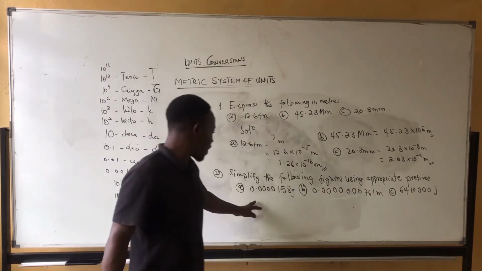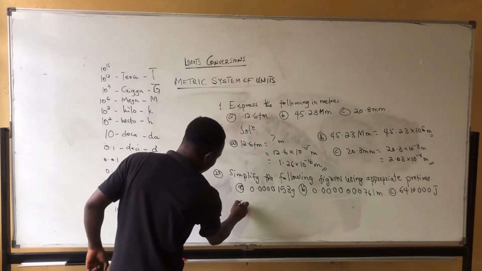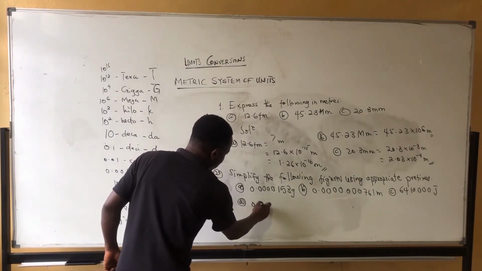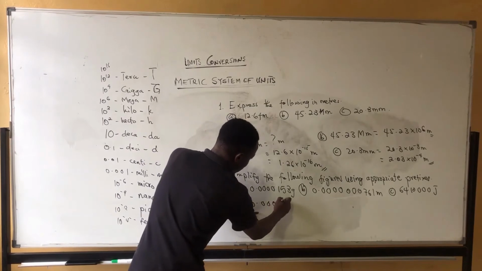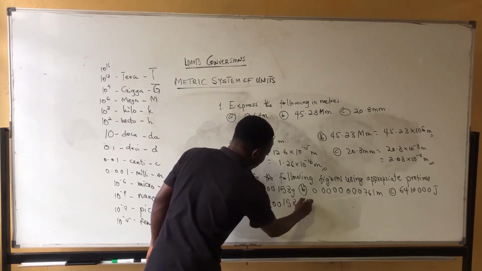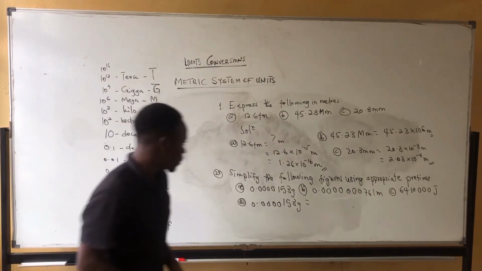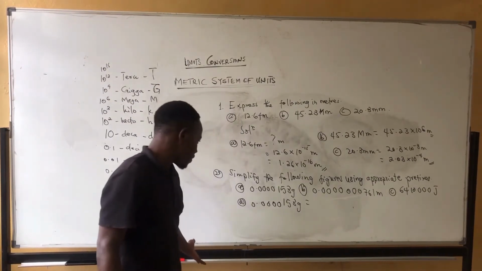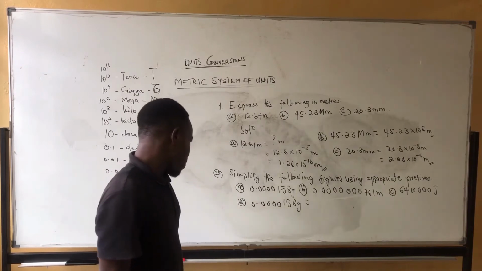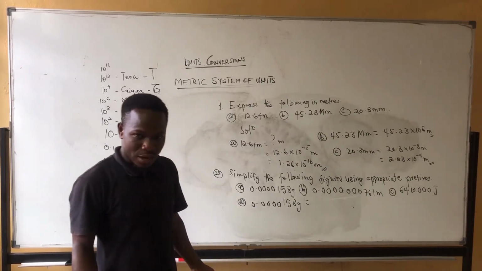Looking at the first one, 0.00015 3 grams, that is 4 zeros, 153 grams. How do I express this using prefixes? I need to use as few zeros as possible.